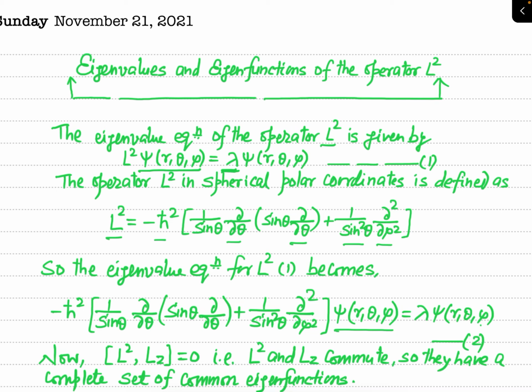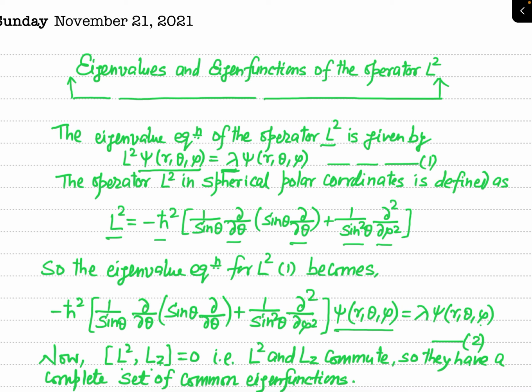And you have seen in commutator algebra that these two operators L square and Lz commute. It means the commutator of L square and Lz is equal to 0. And if L square and Lz commute, they will have a complete set of common eigenfunctions. So if you want to know the eigenfunction of the operator L square, you have to start with the eigenfunction of the operator Lz, which you have already obtained in the previous lecture.